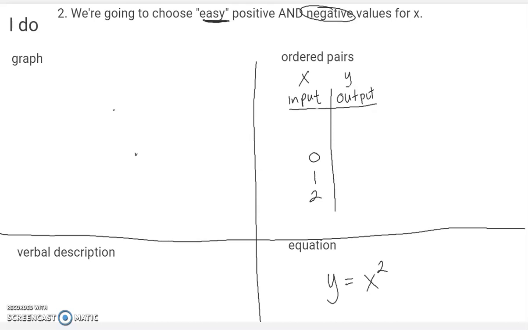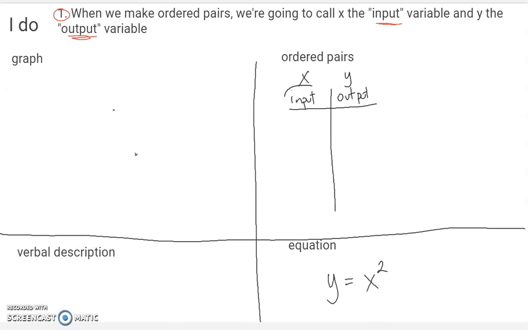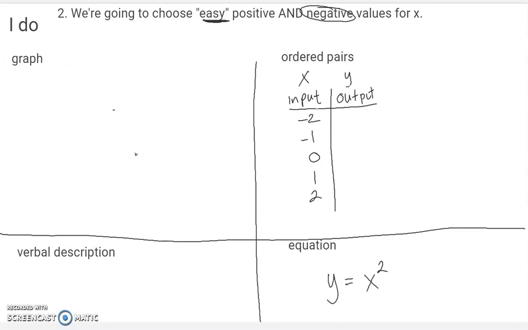So rather than 0, 1, 2, I'll do 0, 1, 2, and I'll probably also do -1 and -2 pretty often. That's the second change. So first change, we call x input and y output. Second, as we choose ordered pairs, we're going to use negative values and positive values.